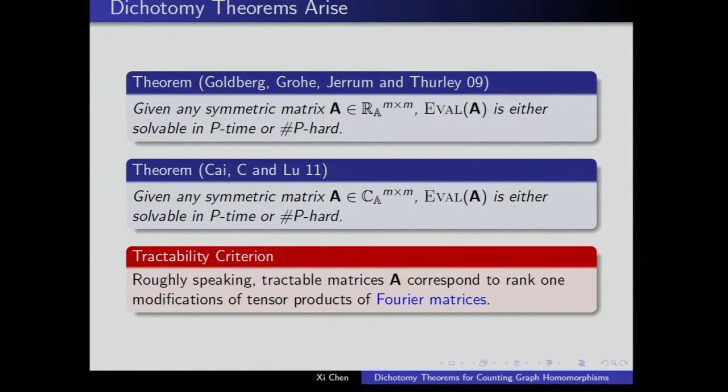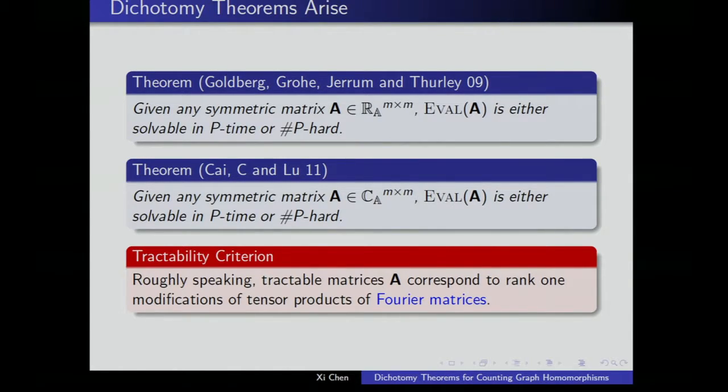Now, I will not be able to state the tractability criterion for either of these two papers because it's much more involved than, for example, the criterion of Bulatov and Grohe. I think if I want to state it formally, I need at least 10 slides for that purpose.